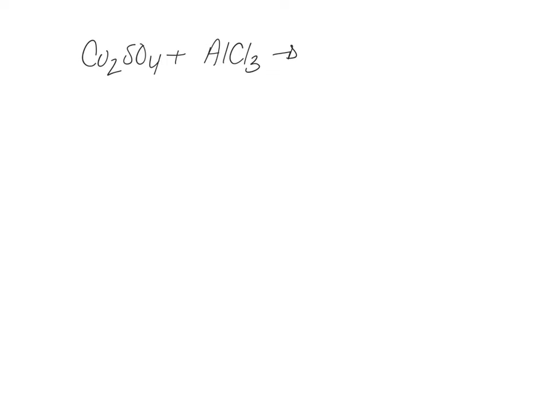Okay, next one I wrote out the compounds for you, and then you can see if you can figure it out. You would still have to know that this copper is the metal, right? Aluminum is the metal. So I can figure out that copper is going to go with chlorine, and that aluminum is going to go with the sulfate.